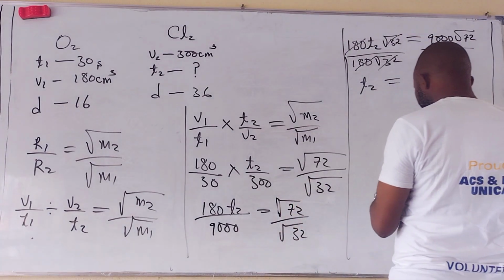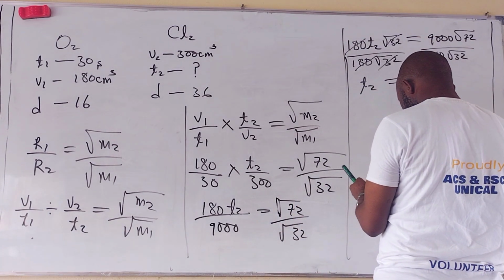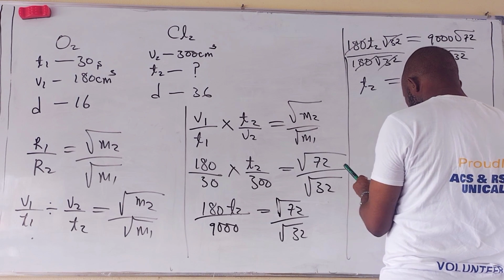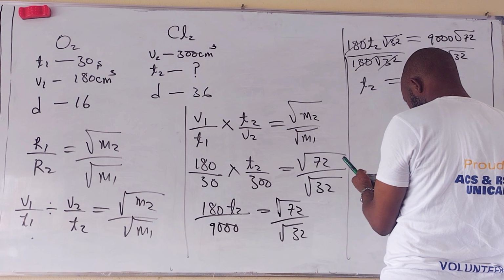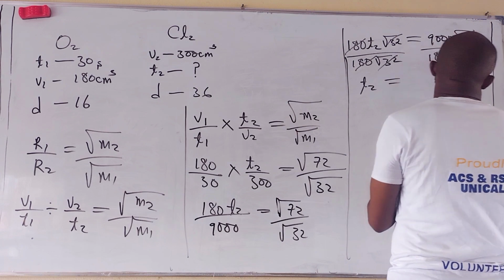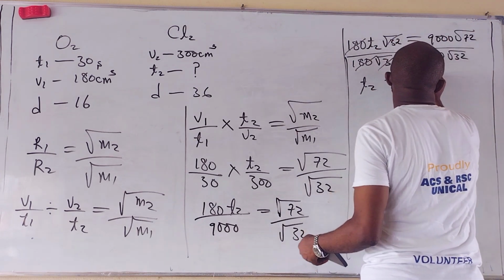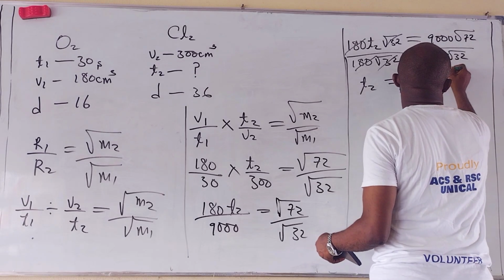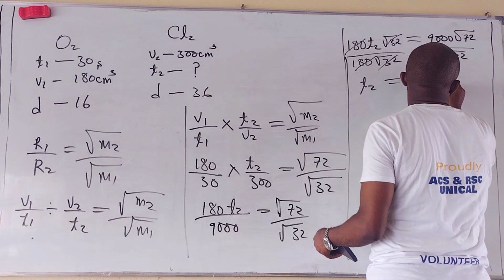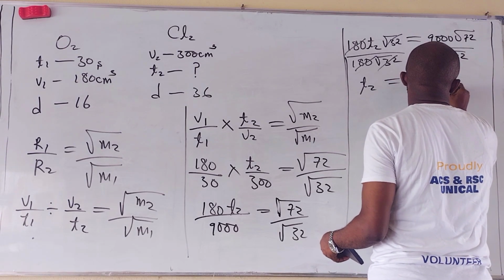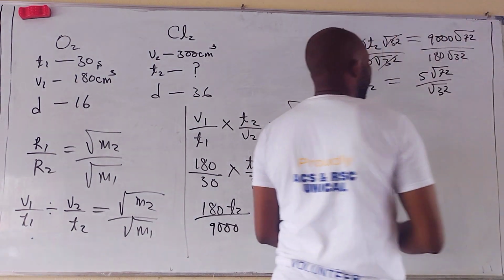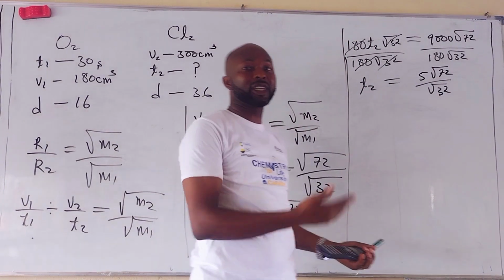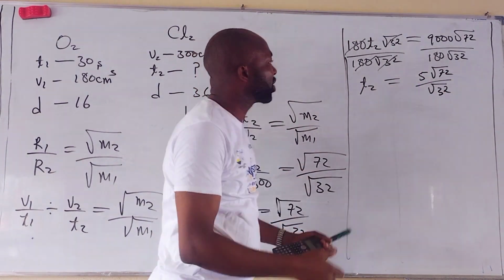Now 9,000 divided by 180 is 50. So now this is 50 root 72 over root 32. Okay, so now we're going into a different dimension. This is mathematics. I never thought they were going to take us here.